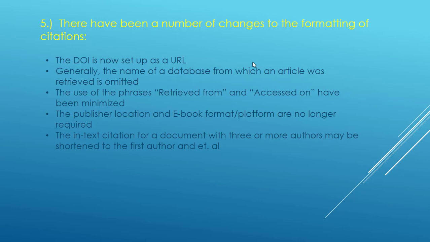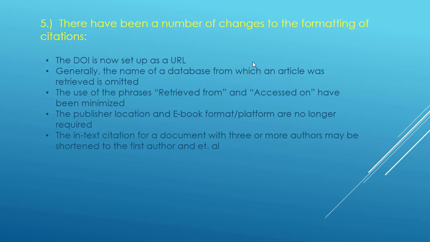So the exception to this change is that if I were in a very, very disciplined area, an area where most folks would not have access to a particular database because of its rarity, then I would still want to list that database as an indicator to those who are reading my paper that there may be some difficulty in locating this article among general databases.